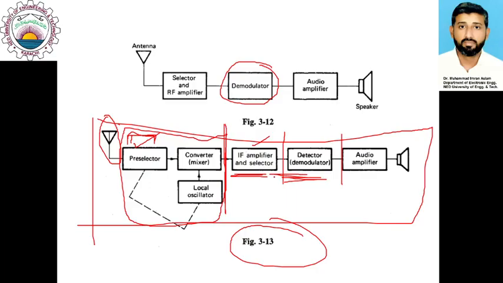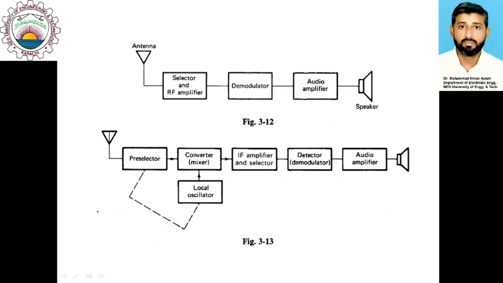From the intermediate frequency stage to the audio frequency, we demodulate it again to get the audio signal at the output, and before delivering to a speaker we pass that audio signal through an audio amplifier, so that you get a significant amount of power at the speaker side. So this is the illustration of the super heterodyne receiver, where you have two-stage demodulation.